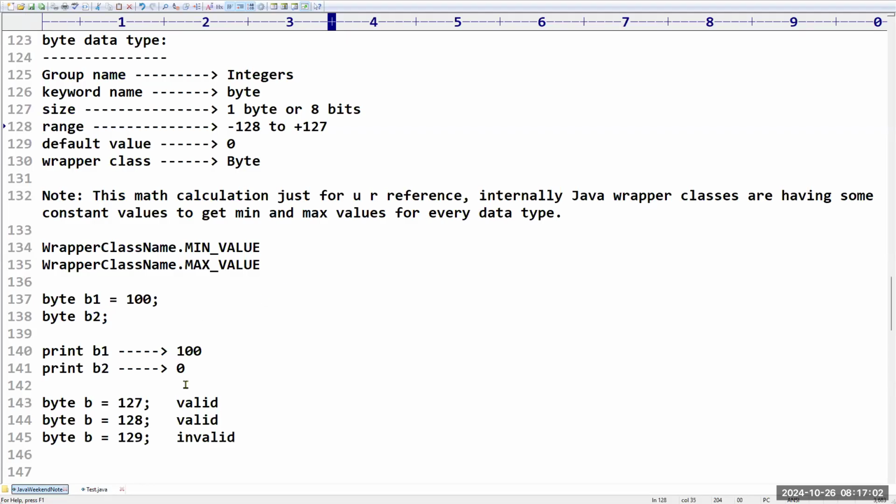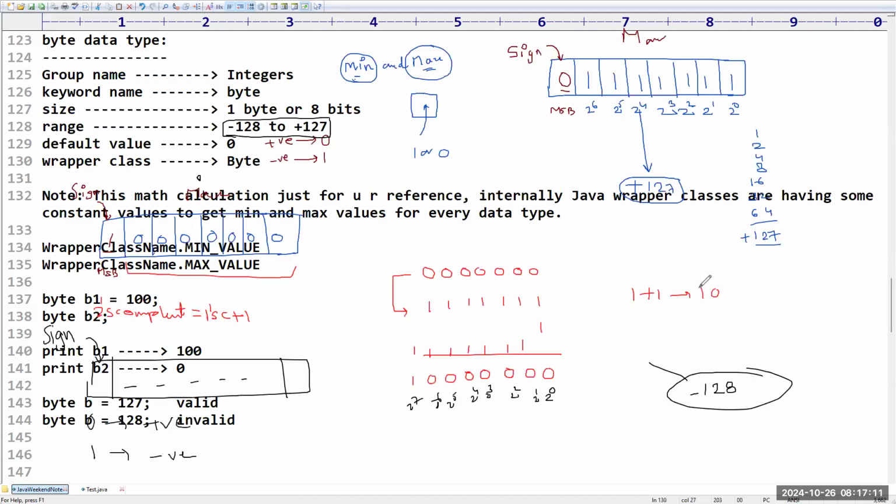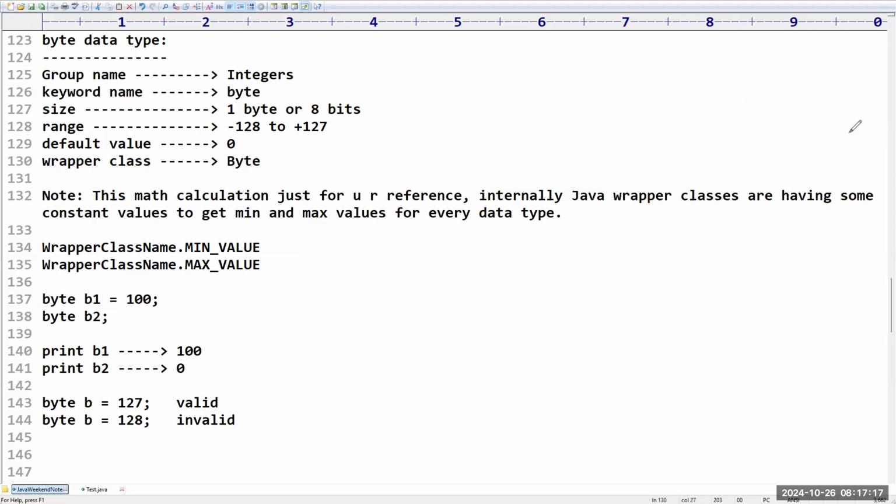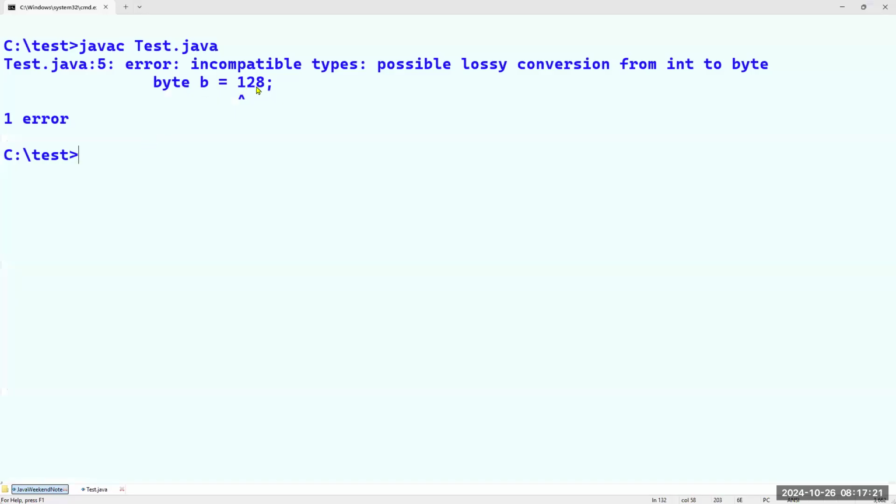Somewhere we made a mistake. In the calculation also, what values we got? Negative number minus 128, positive number 127. Right. So 128, if you are taking, we are getting some error.